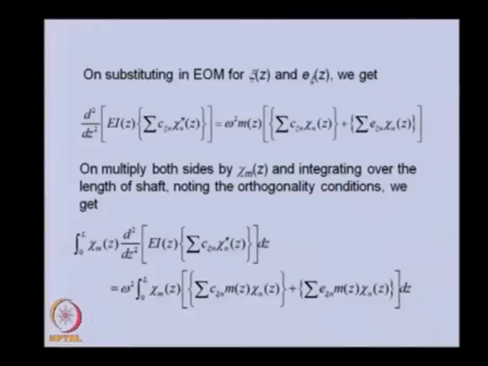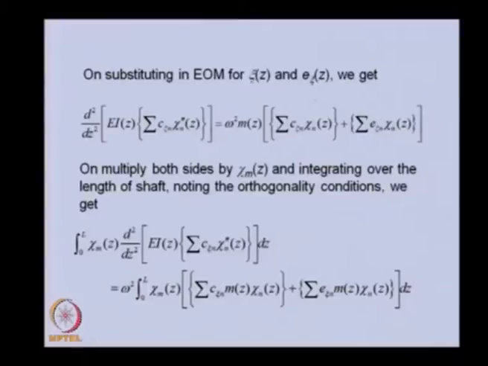Here you can see we have substituted the response; because it contains a double derivative, this is constant, so the double derivative will come on the eigenfunction. Here this is the response, and this is the eccentricity expansion, and all the summations vary from 1 to infinity, so for all the possible modes of the continuous system.